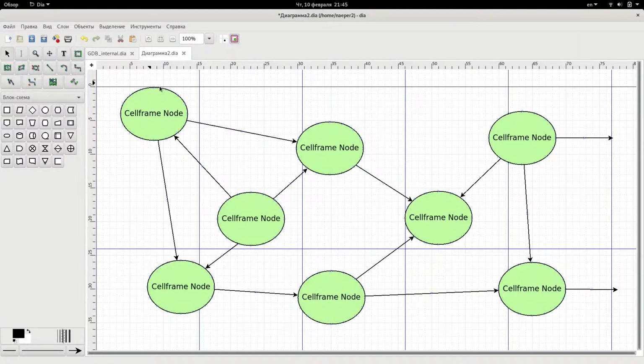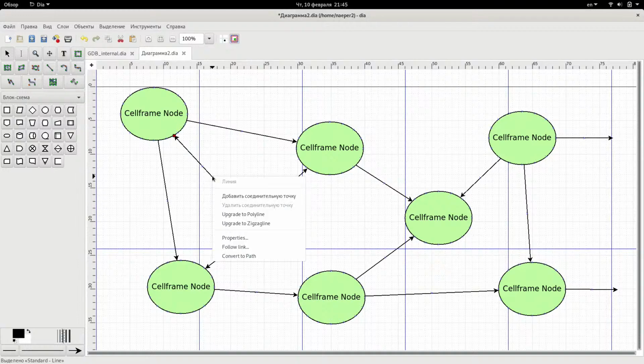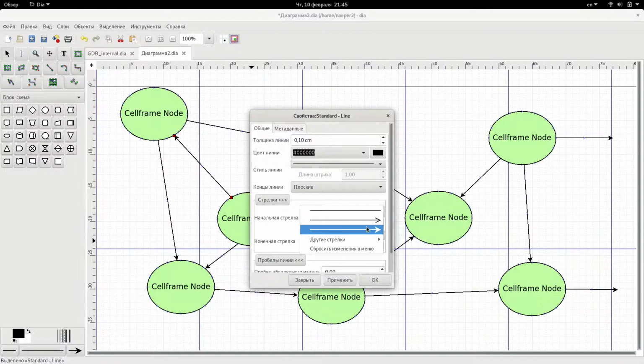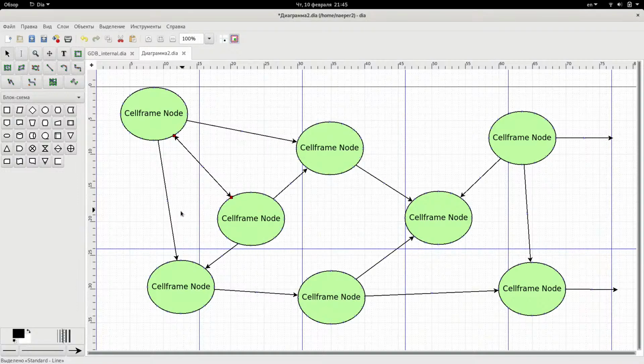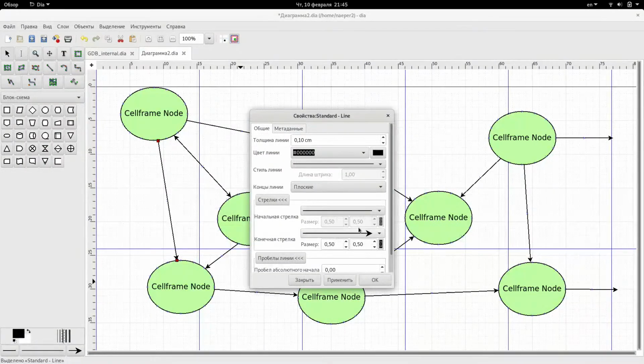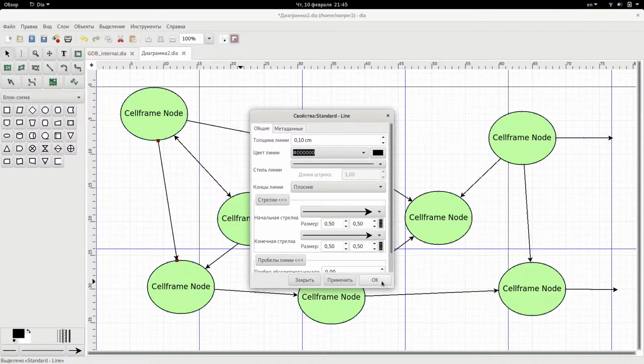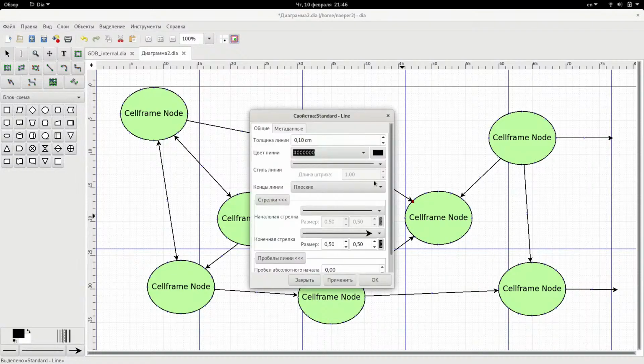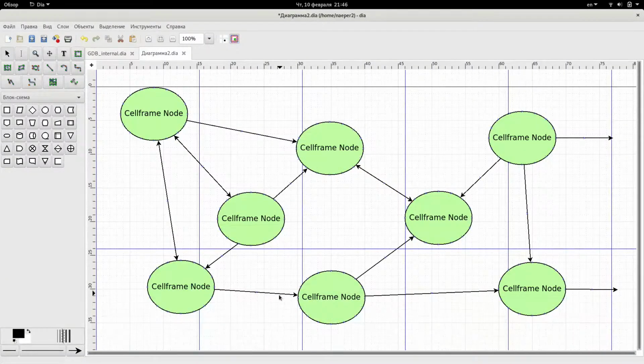Here is the part of the Cellframe network. All these connections are bidirectional, so it should have anchors on both sides. Okay, let's draw this.